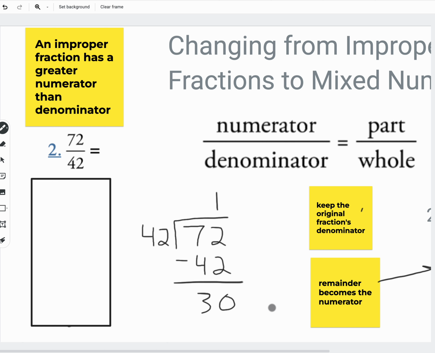Now we need to see what our fraction will be. Let's allow the remainder to be our numerator, and our original denominator will remain the same, 42. Now here we can reduce. Let's reduce 30 over 42.